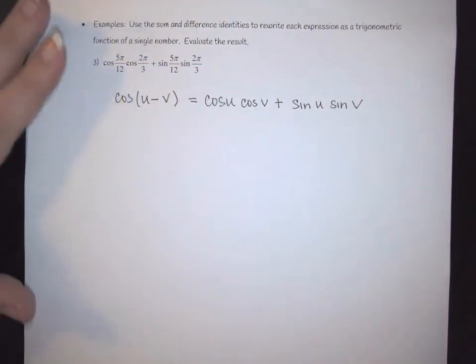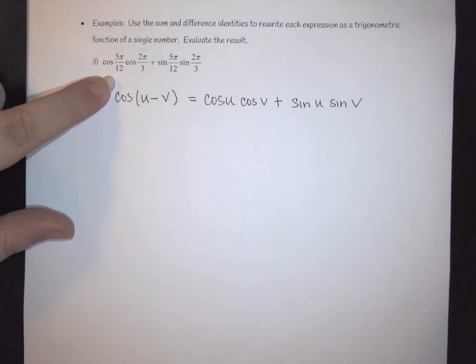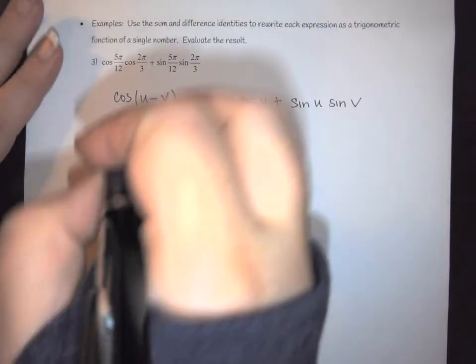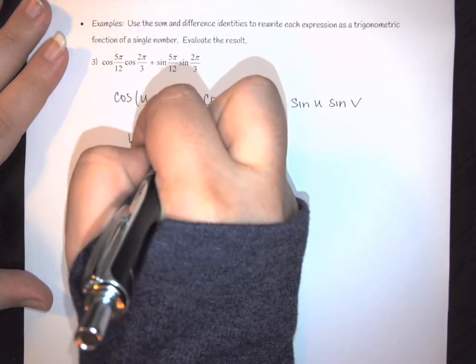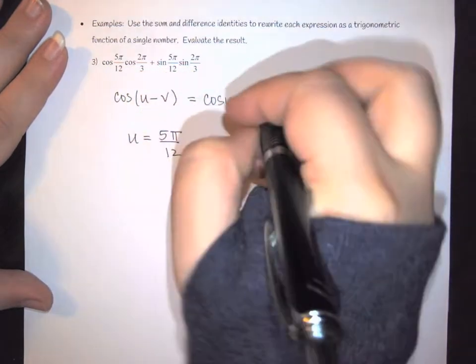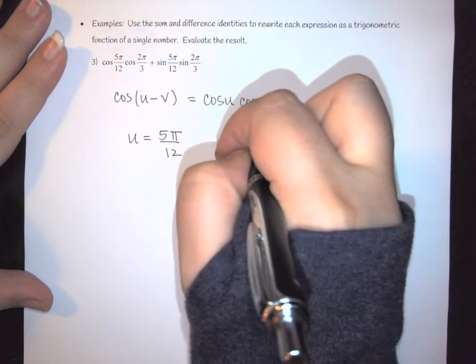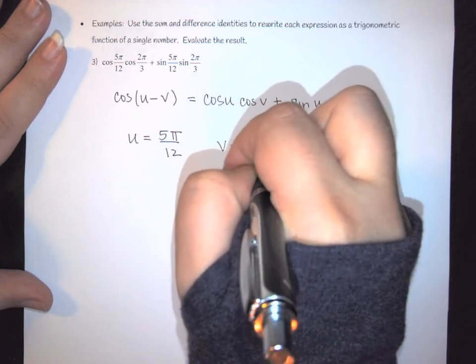So here, what I had is the cosine of 5 pi over 12. So this automatically tells me that u is going to be 5 pi over 12, which means v is going to be 2 pi over 3.